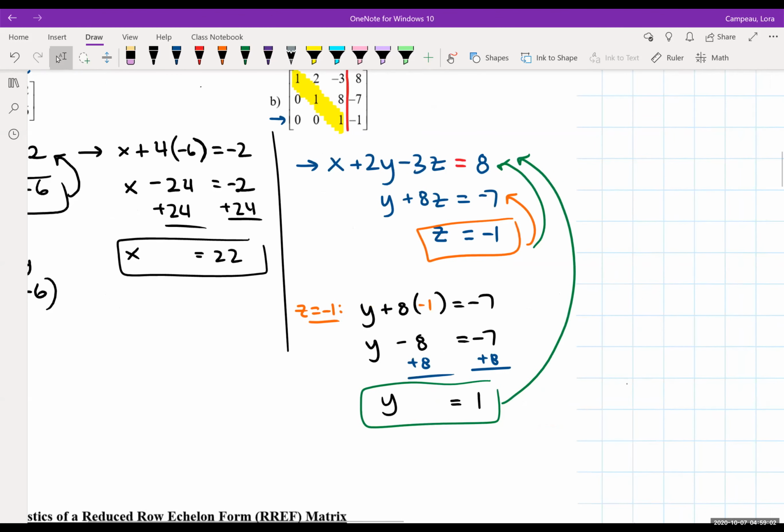So let's go to the right a little bit. I don't know what x is, but I do know that y is equal to 1. Then we have -3 times z. In this case, z is -1. And this shall be equal to 8.